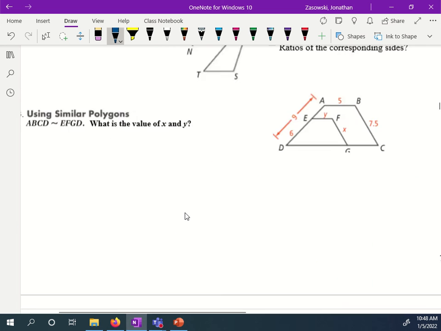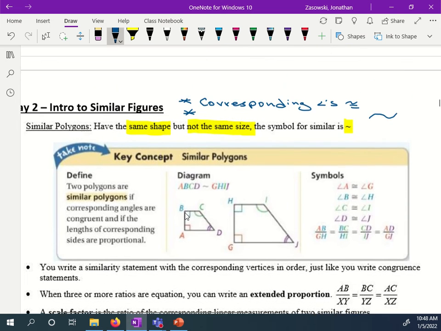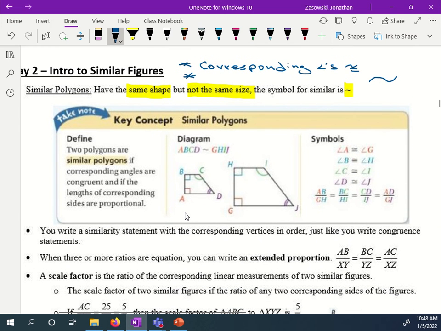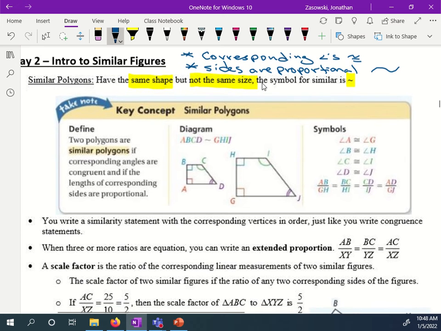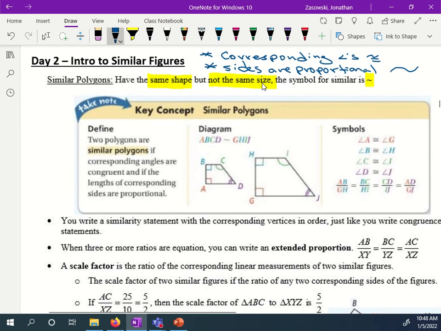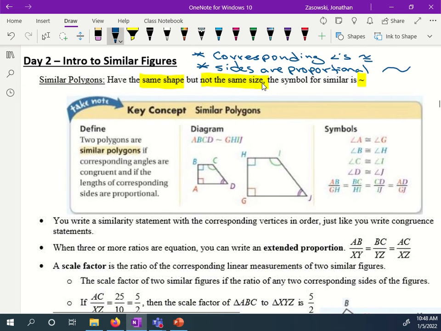And so when they're dilated by the same rate, that tells us that they are proportional. So the fractions for the sides are going to be equal. So we know that the sides are proportional. As soon as I know that these figures are similar, I know that those two things have to be happening. Okay? They're guaranteed to happen.